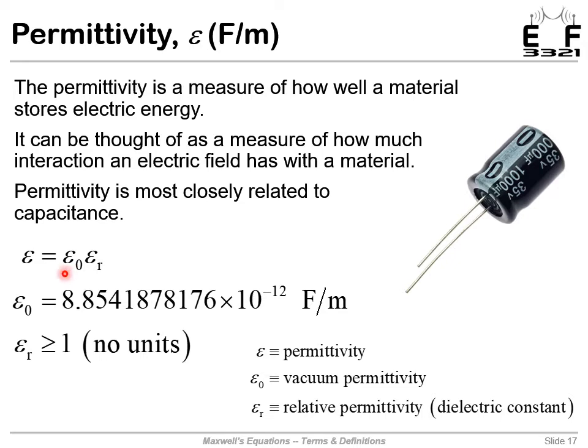So we multiply the free space permittivity by the relative permittivity. This term has no units. The units are in the free space permittivity. So the relative permittivity, more commonly called the dielectric constant, is unitless and is greater than or equal to 1. When it's equal to 1 exactly, this means we're in the vacuum of space.